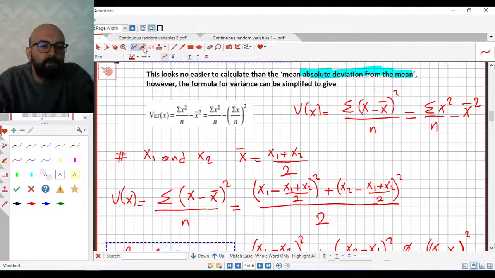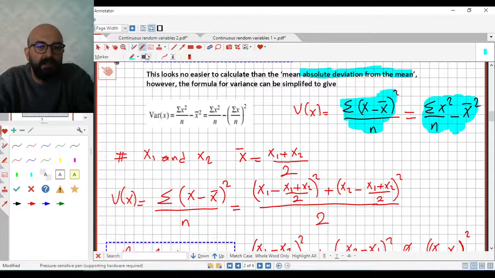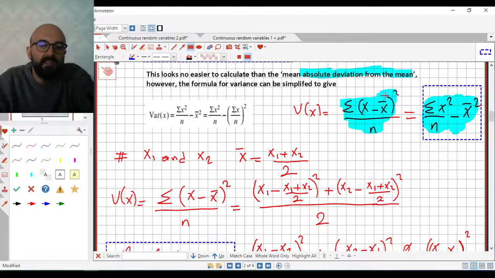So if you use this formula, it's much easier than the previous formula. So for computing the variance, we should use this formula instead of the earlier one.